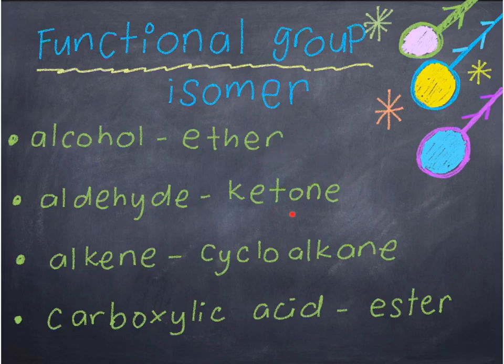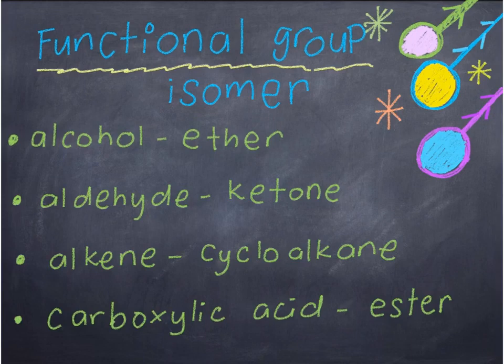Same thing with aldehyde and ketone, they have the same formula, but one compound is aldehyde, another one is ketone, and the rest. So for functional group isomer, kena ingat alcohol is having the same functional group isomer with what compound? Or else you might not be able to give a correct answer.